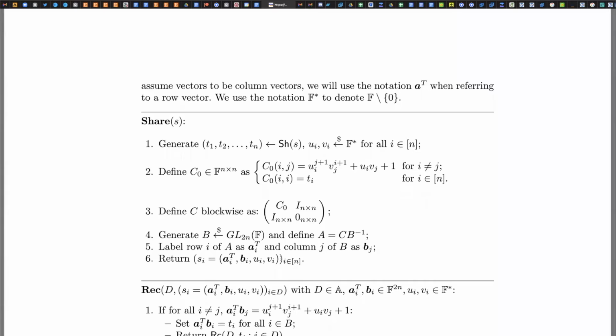And this is the share that you're going to send out. So the ith share of S is going to be this thing.